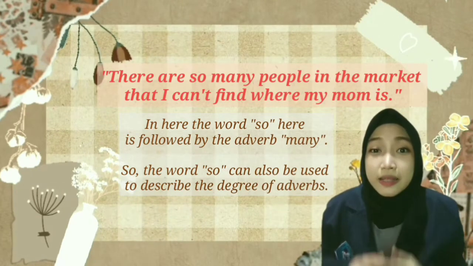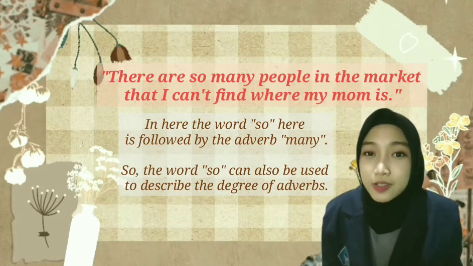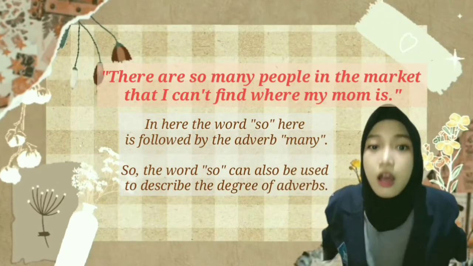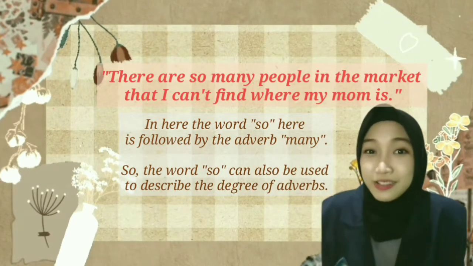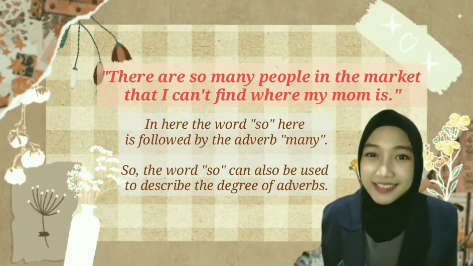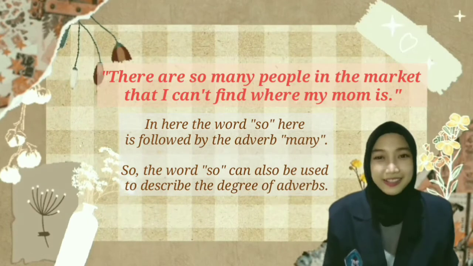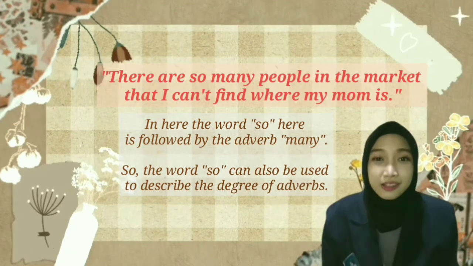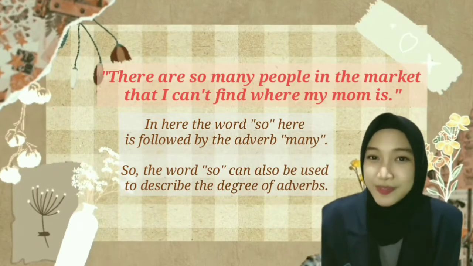It means that the number of people there is not just many, but extraordinarily many, to the point that the speaker cannot even see where the mother is. So now, we know that the word so can also be used to describe the degree of adverbs.